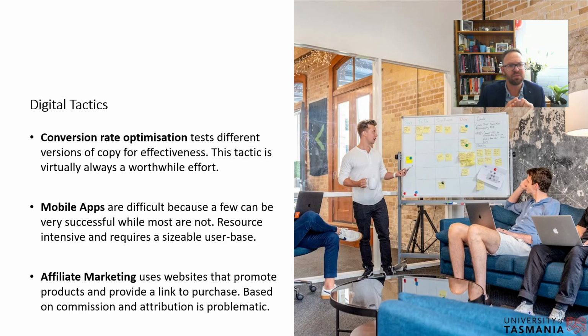Conversion rate optimization tests different versions of copy for effectiveness, and this tactic is virtually always a worthwhile effort. You guys have learnt conversion rate optimization, where we do A/B testing. Which version is better? Just because one gets more conversions doesn't mean it's better. It needs to be statistically significant, right?